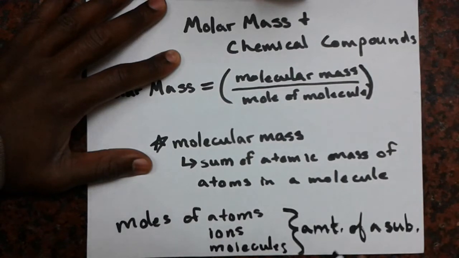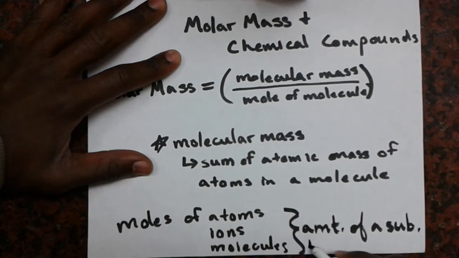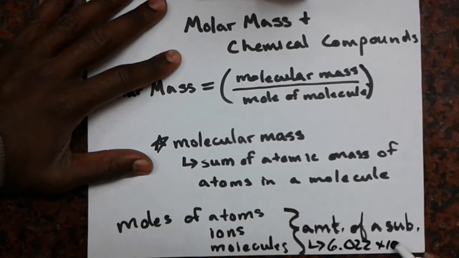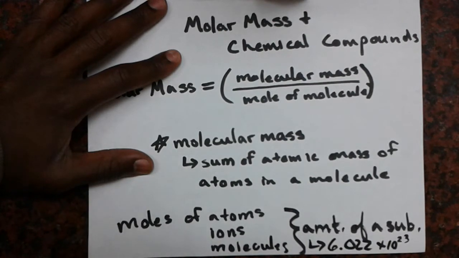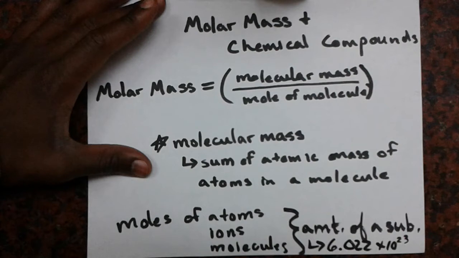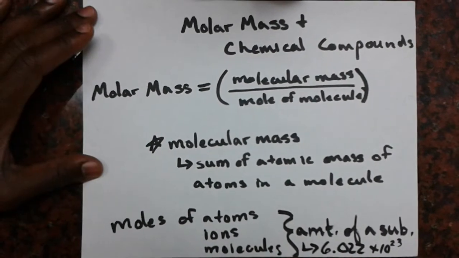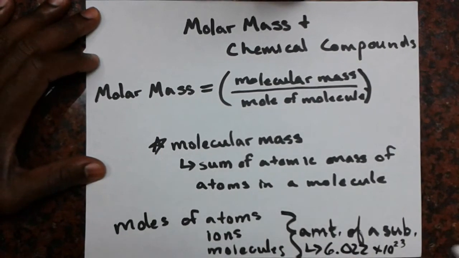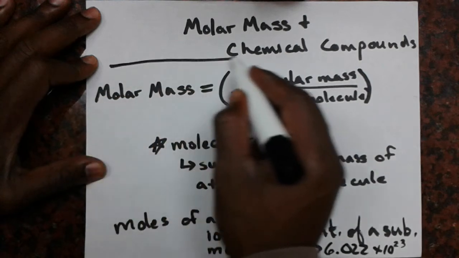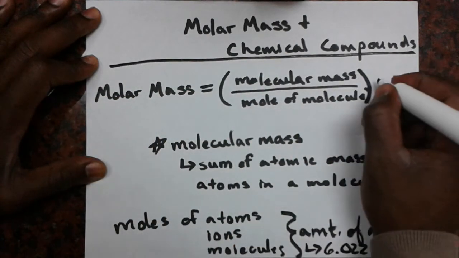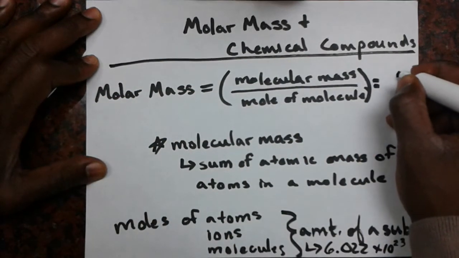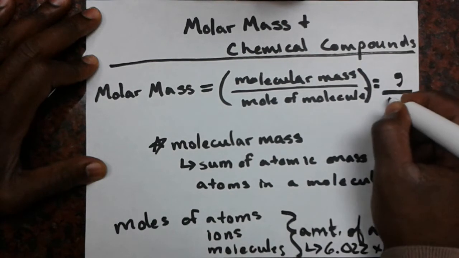And we're familiar that this number comes from Avogadro's experiments, and it's 6.022 times 10 to the 23rd. So it's important to indicate that our unit will be in grams per mole.